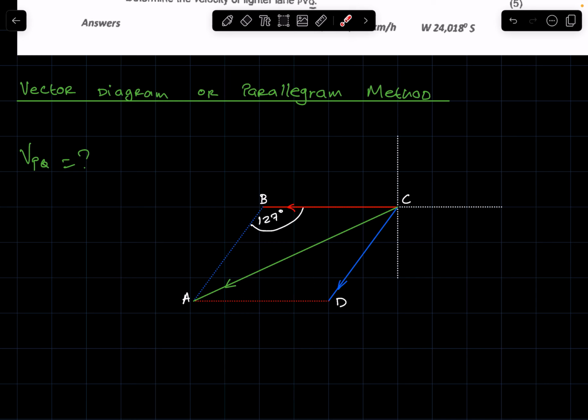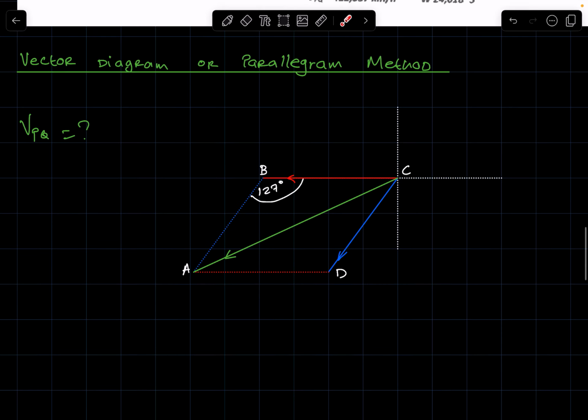Seeing that we do not know the magnitude of this angle alone and this angle alone, we only know the whole angle, we then use co-interior angles, this angle being co-interior with this one, and we simply subtract this angle from 180 to get this one. Now, why is it important to establish angles?